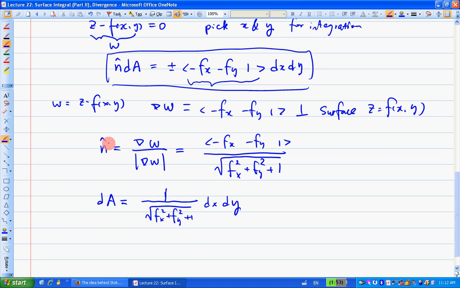Is that right? See, if you multiply this n hat with the dA, this cancels this out, and you only have this left, and then you have this dxdy there, right? Can you see this? Wouldn't that give you 1 over fx squared? Oh, sorry. Yes, of course. My bad. Okay. So that's dA.